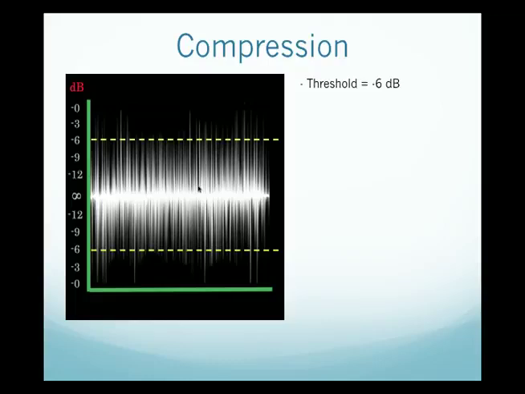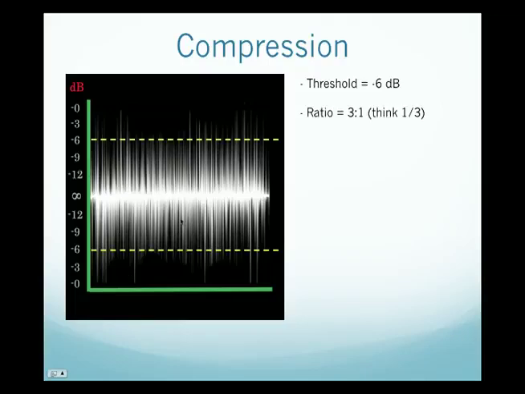It's the audio that goes beyond the yellow line that's actually going to be compressed or turned down. In this example, the threshold would be -6 decibels, which is represented by this dashed line. Any audio that goes beyond that is what's going to actually be compressed.